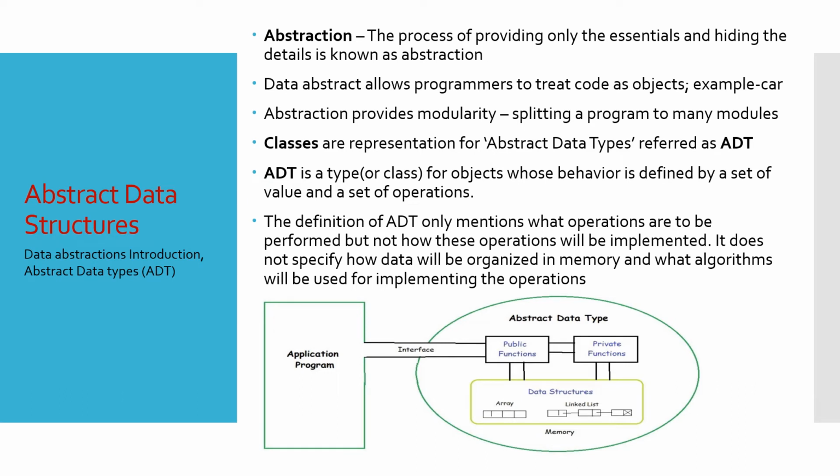Okay, so what is an ADT? Before we go into the ADT, you need to understand the basic simple English meaning of an abstraction. Abstraction in general is always about giving an overview of things or hiding all the details of a particular topic.